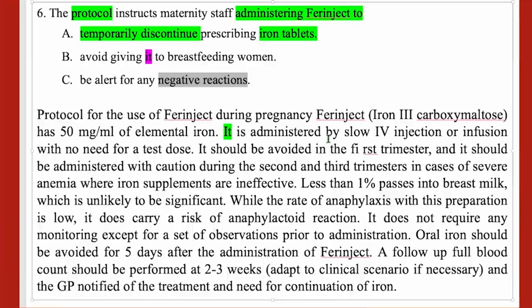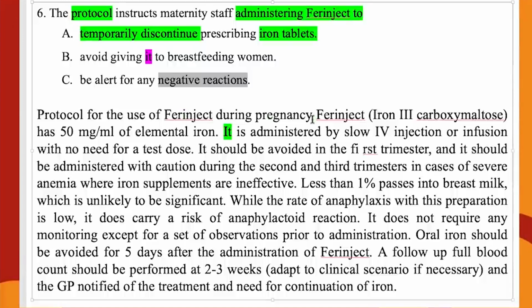Pharynject is administered. So it is administered to whom? Breastfeeding woman? No. Primary. First trimester. No. The protocol is for the use of Pharynject during pregnancy. Pharynject has to be given during pregnancy, right? Yes.